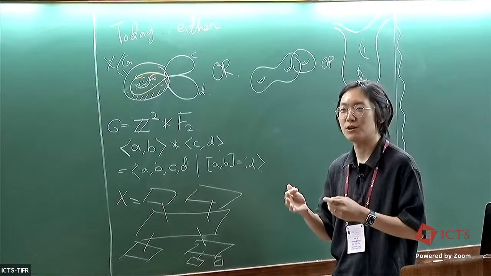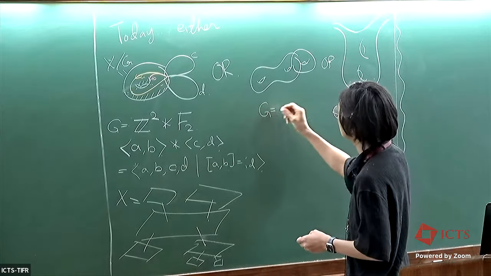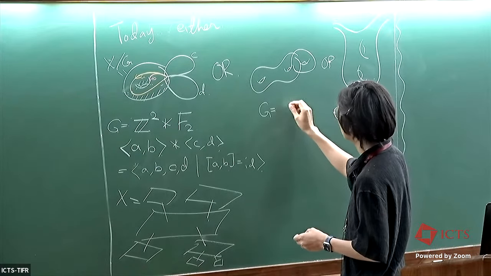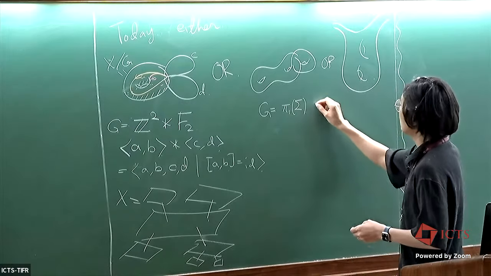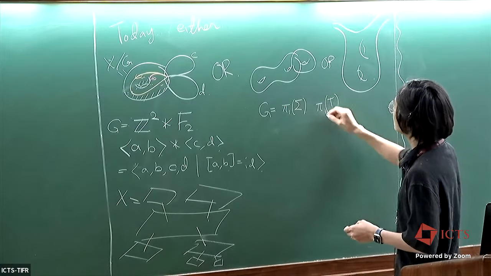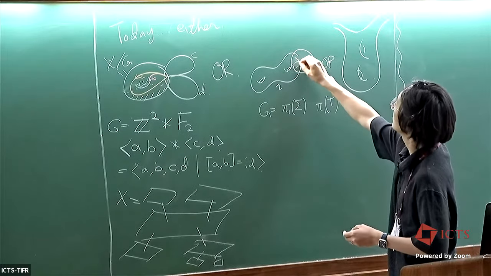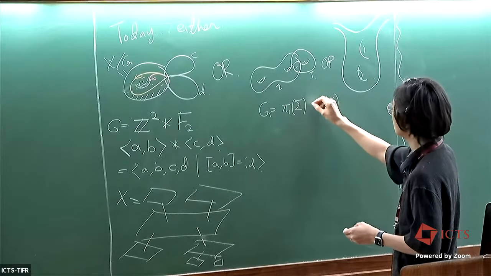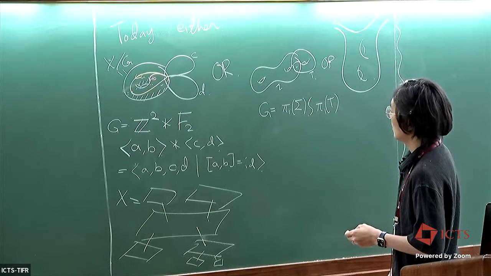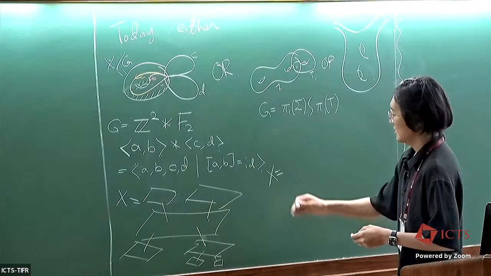If you're braver, then you can also bring this example, which is a quotient of this space, pi1 sigma and also pi1 torus. This is sigma, this is torus, and you just amalgamate along two infinite order elements. I will not write it down. This is just X, something else.